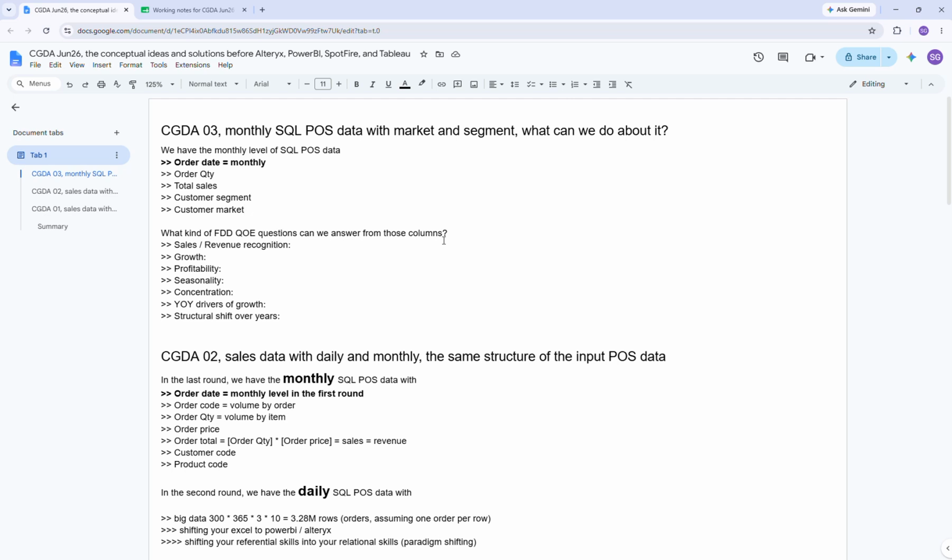So you focus on this is FDD, which is financial due diligence, and then which is QOE. There are many sections in the FDD report, but QOE is the most important part. It depends on the target, but most of the time you focus your energy on QoE.